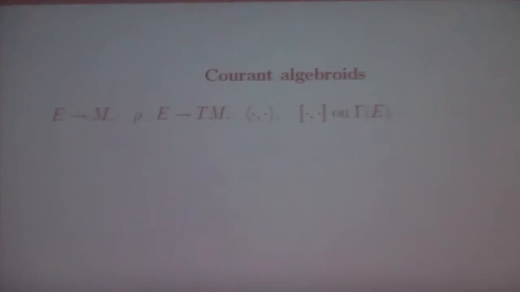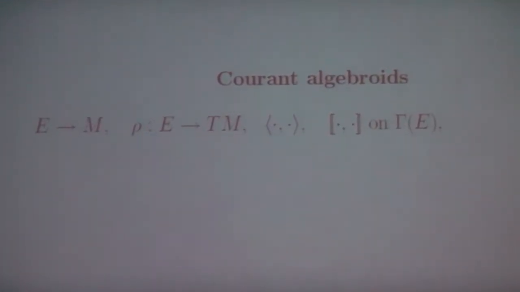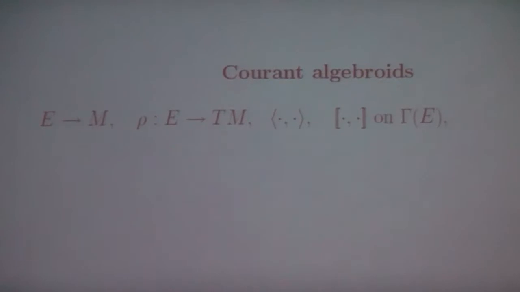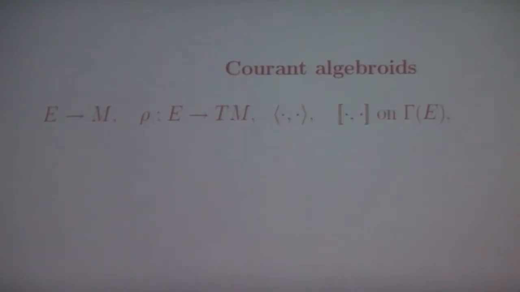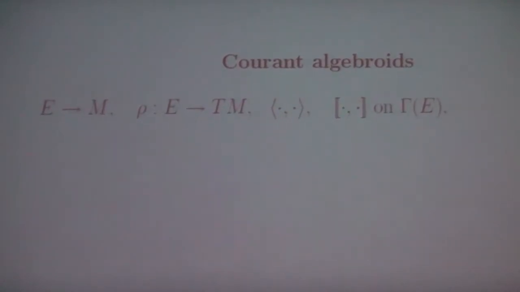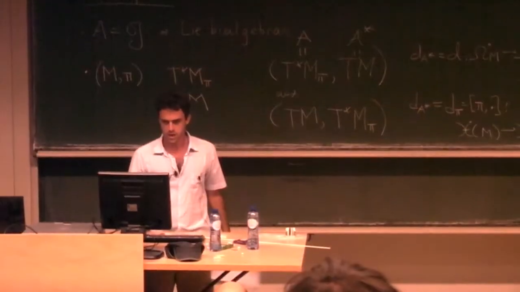So, whenever you find a new object, you kind of try to axiomatize it and try to understand what the object is. So that's what was done by Liu, Xu, and Weinstein. Now I think we are around maybe mid-90s, like 96, 97. I'm not sure. So they managed to axiomatize the bracket that resulted from combining a bialgebroid into one thing.